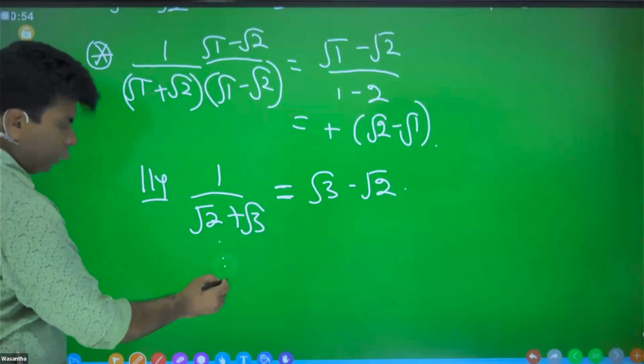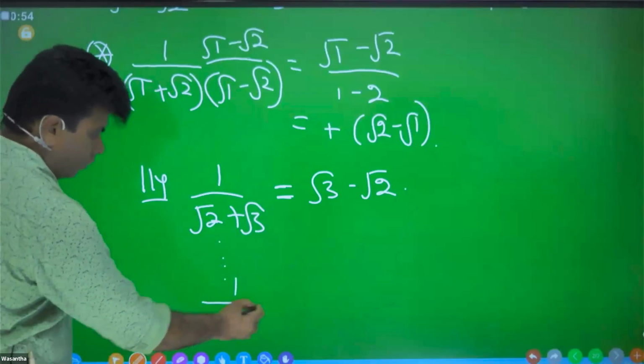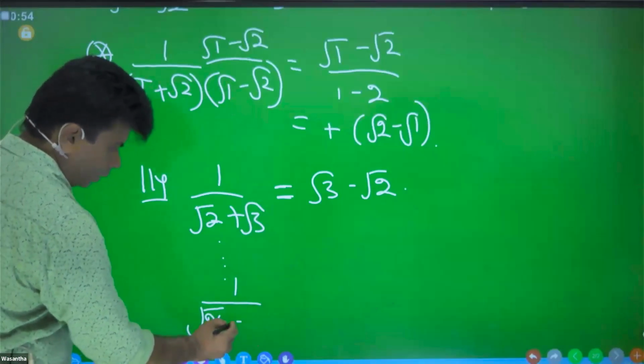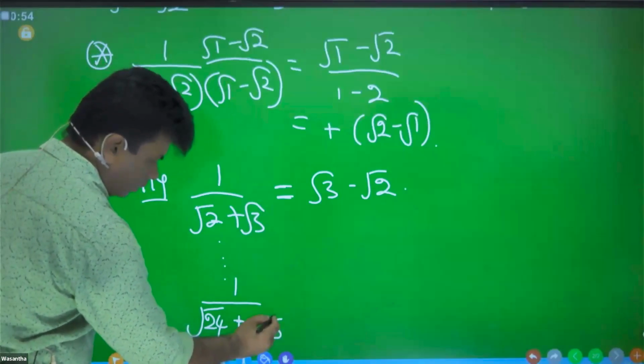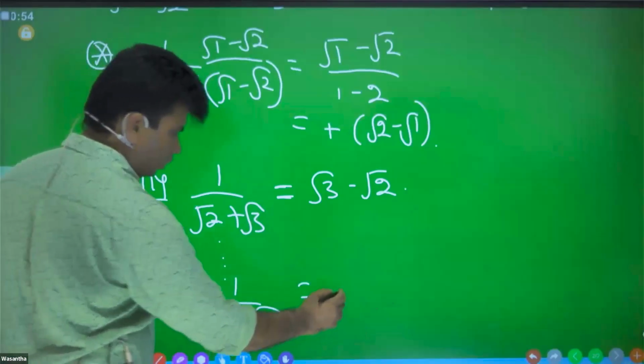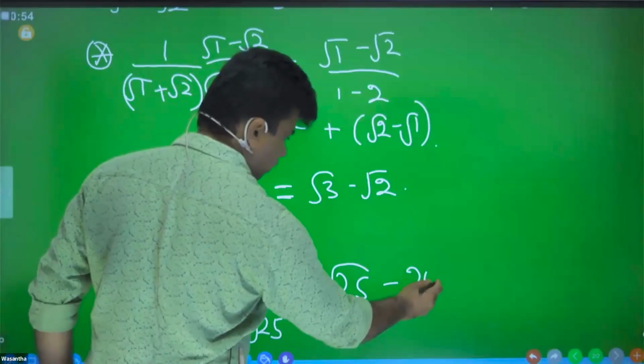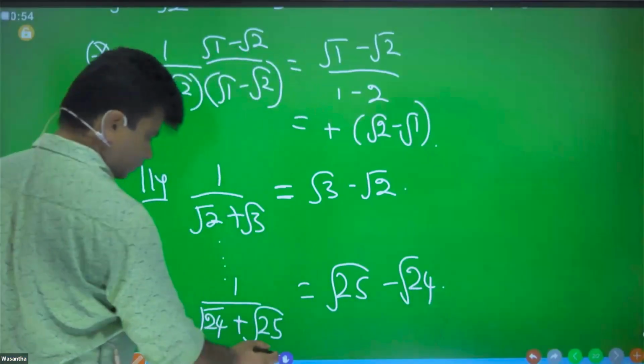Then if it goes like this, 1 over root 24 plus root 25 is root 25 minus root 24.